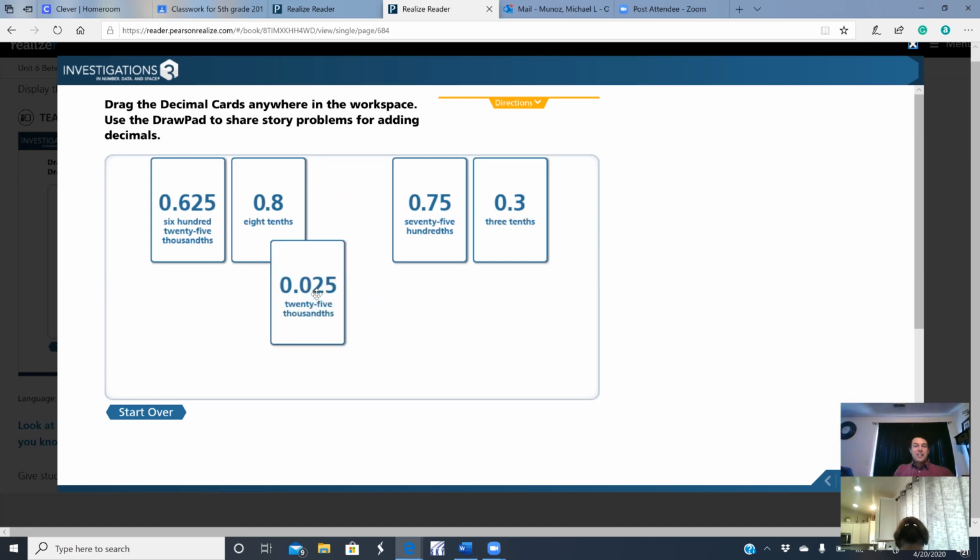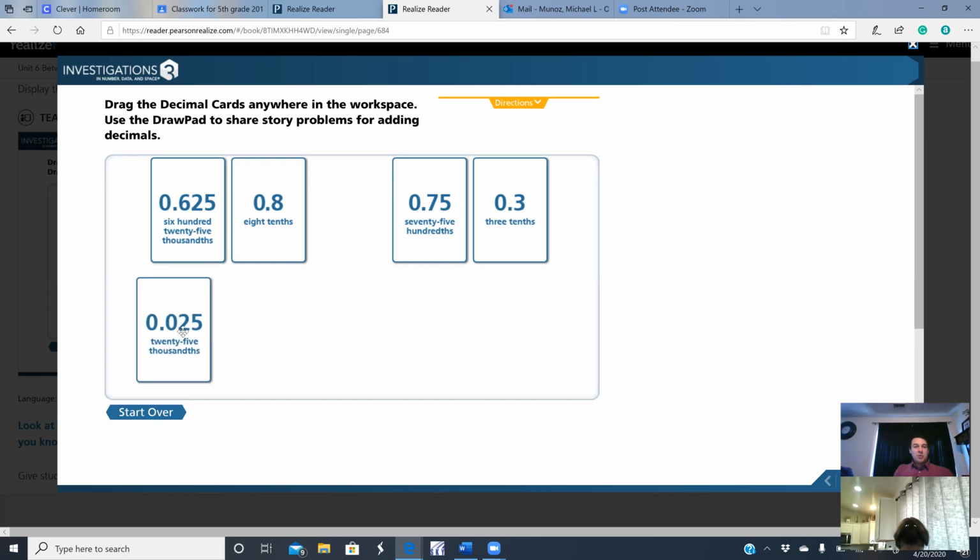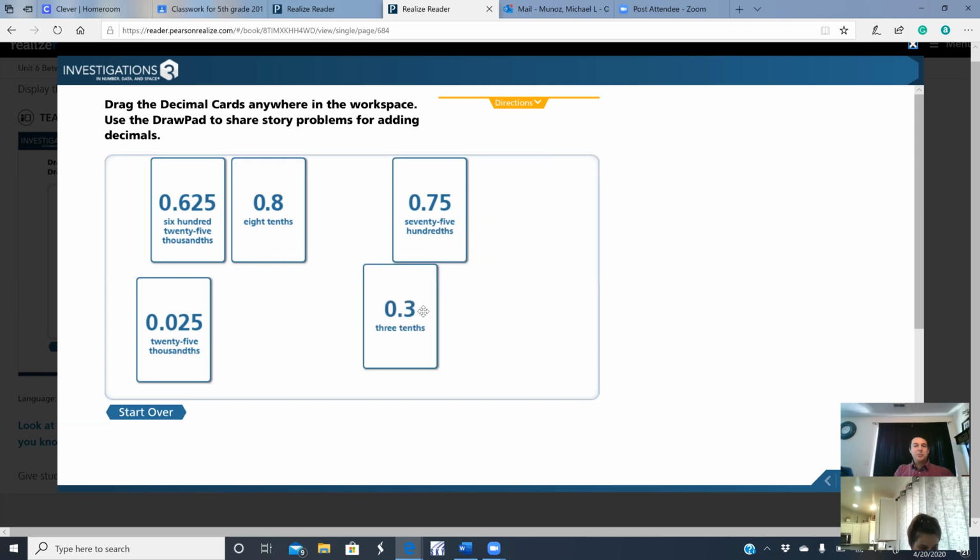So 0 is going to be the smallest number in there. So the 25 thousandths is going to go first, and we're going to go to the next one to see which has the smallest number in the tenths place. Again, this is a 6, this is an 8, this is a 7, and this is a 3. So 3 is the next smallest number.